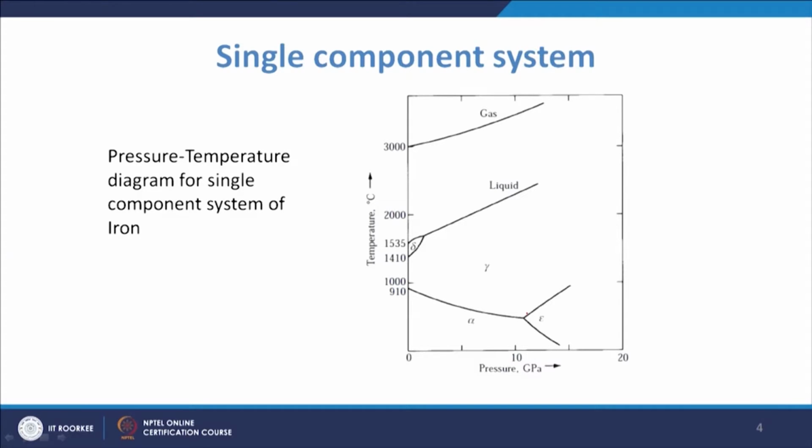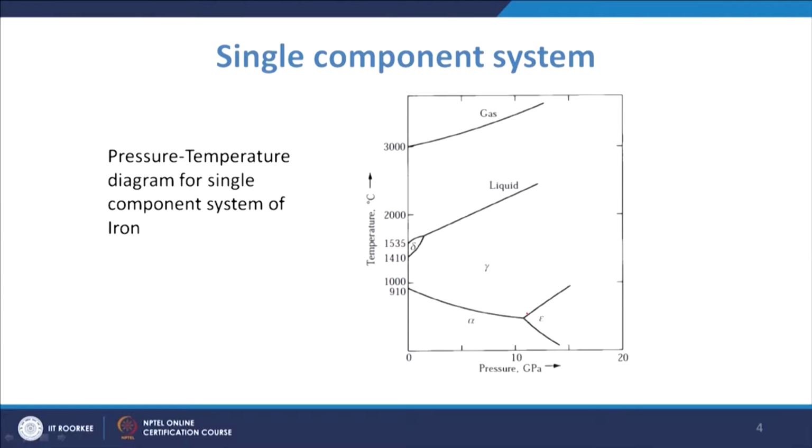You have different phases, that is alpha, epsilon, gamma, delta, all shown here. In a single component system you can see the different points and find what the degree of freedom will be at each point. These are the solid phases, then you have the liquid phase here, and the gaseous phase at the top.